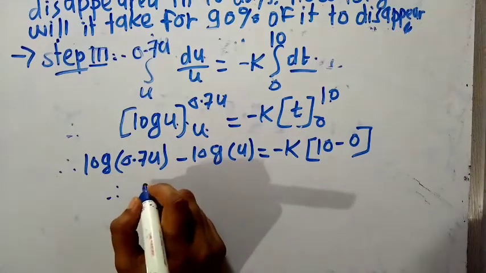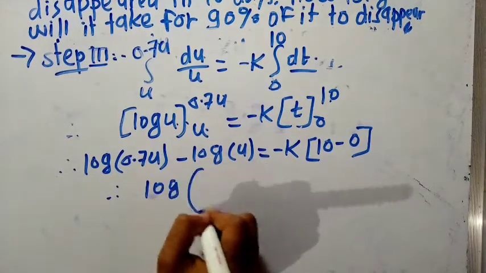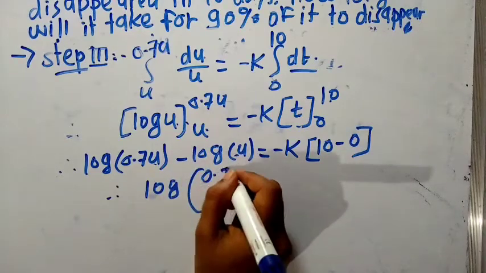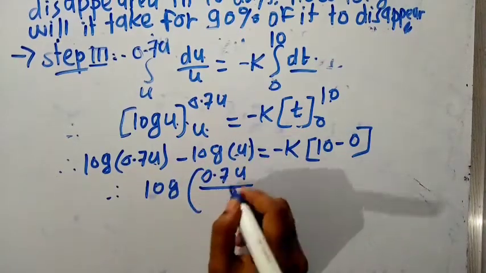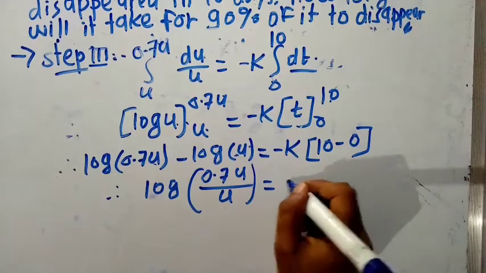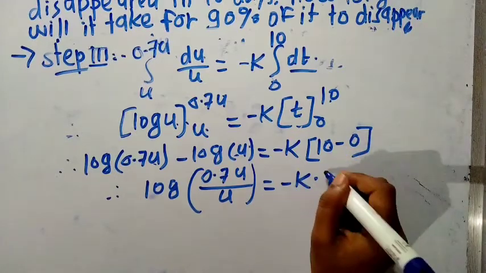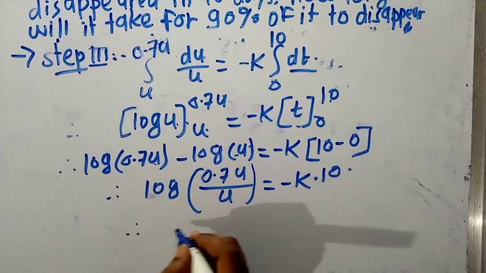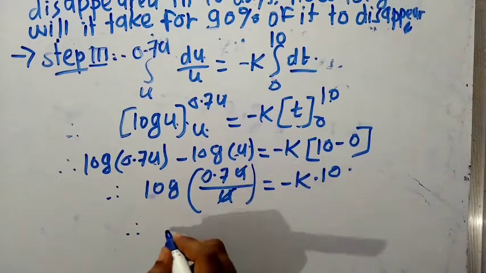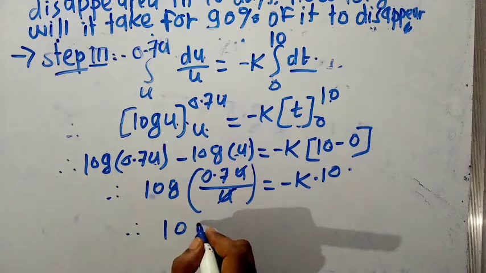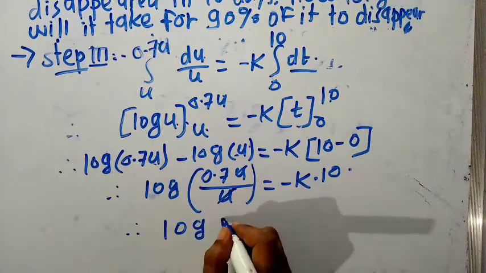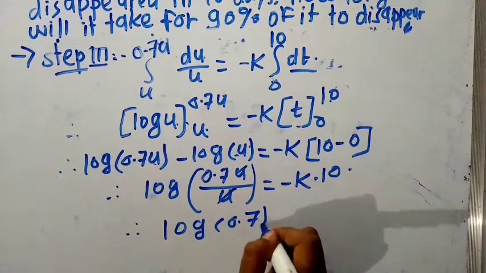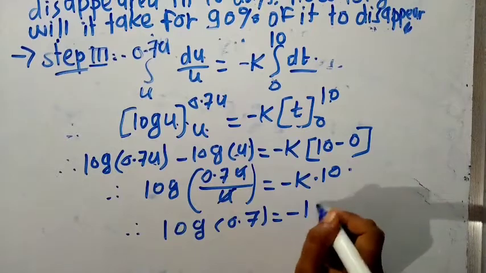Hence here it is minus sign, so log of 0.7 u divided by u is equal to minus k into 10. So u and u cancel, hence log 0.7 is equal to minus 10k.